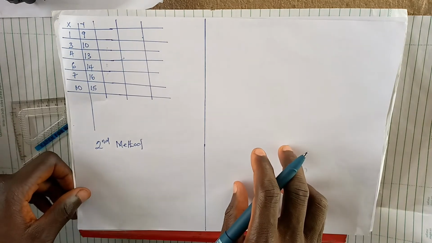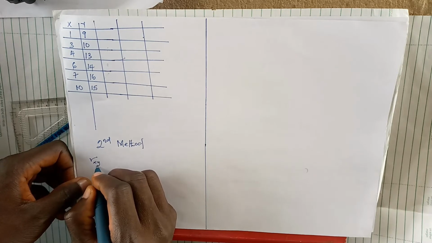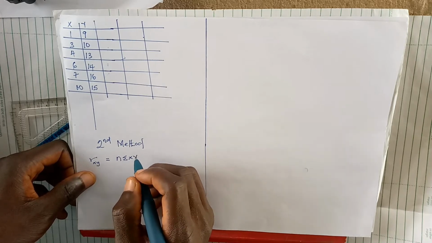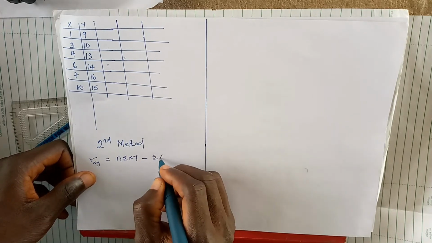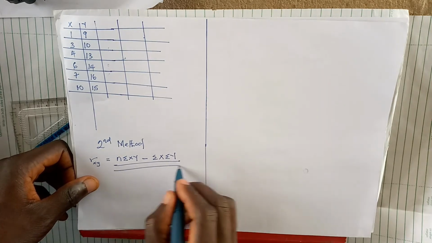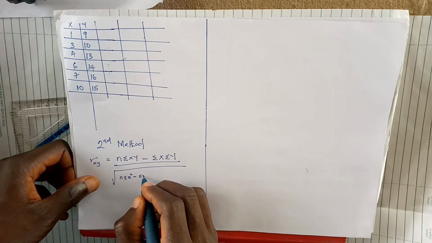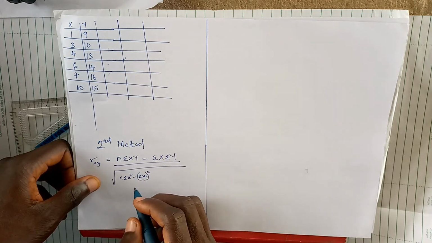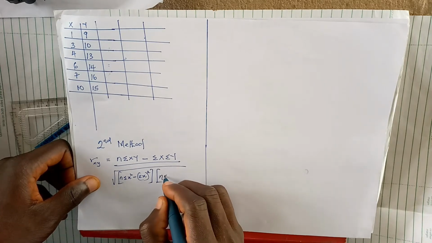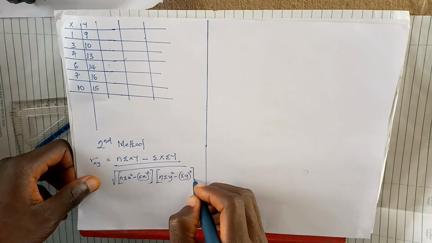In this method, the formula we are going to employ is r of x and y equals n summation xy minus summation x summation y, divided by the square root of n summation x squared minus summation x all squared, bracketed, open another bracket, n summation y squared minus summation y all squared, bracketed.